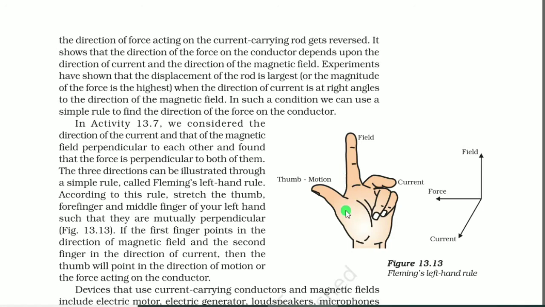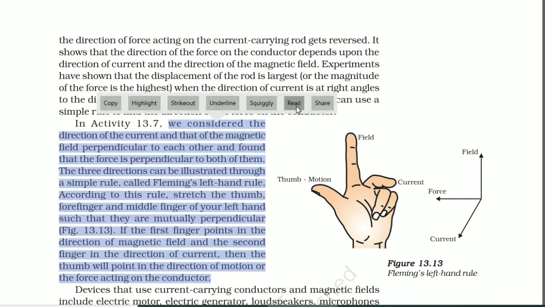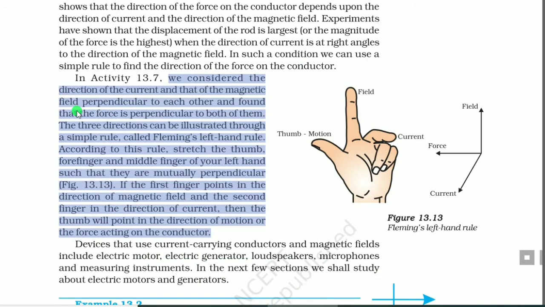So here it is written, we have to read all this portion. We considered the direction of the current and that of the magnetic field perpendicular to each other and found that the force is perpendicular to both of them. The three directions can be illustrated through a simple rule, called Fleming's left-hand rule.